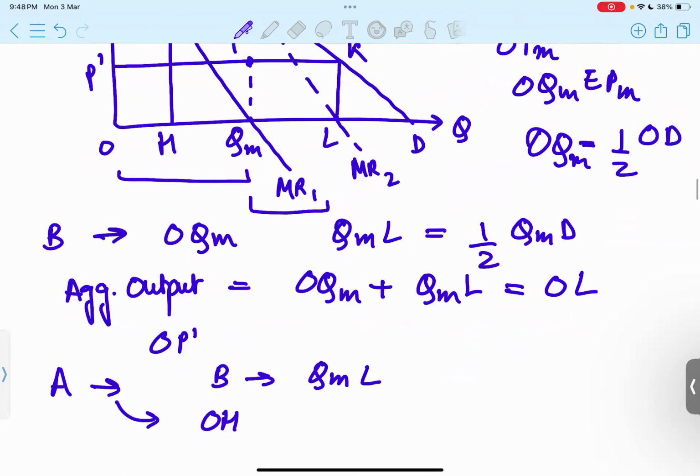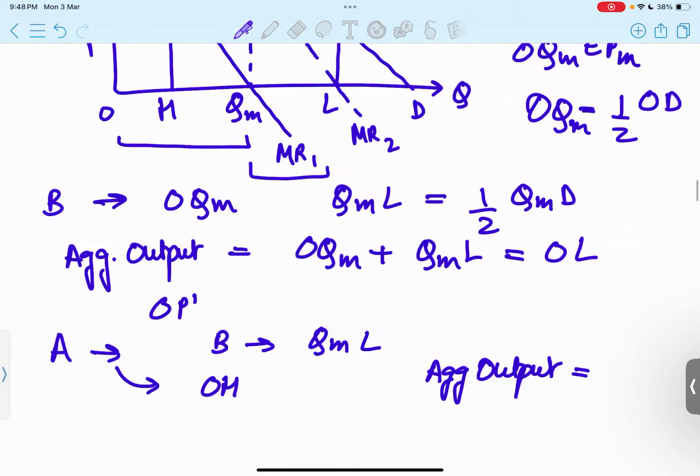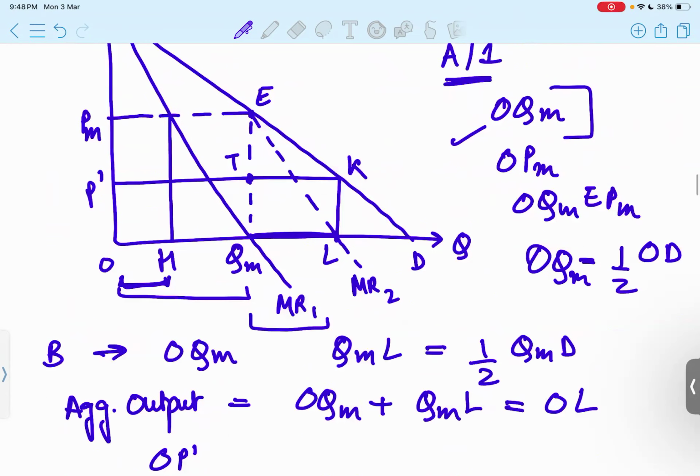If we see the aggregate output now, it turns out to be OQM again, because firm A is deciding to produce only this much and B was producing this level already. This was half, as we just saw. So OH plus QML gives us OQM again.